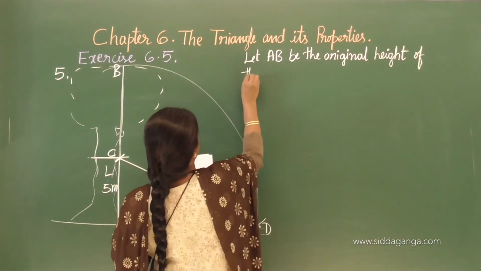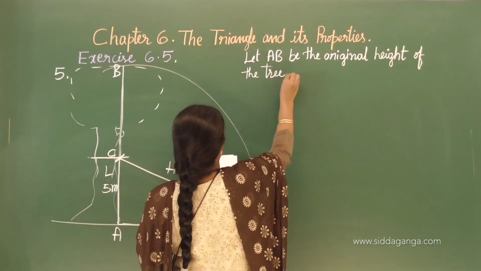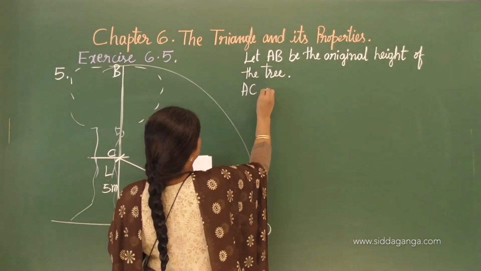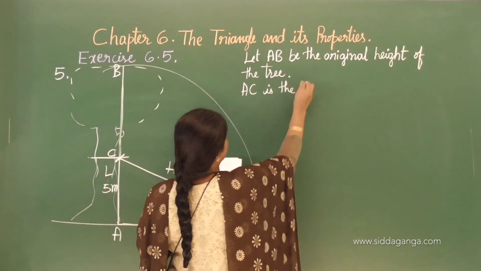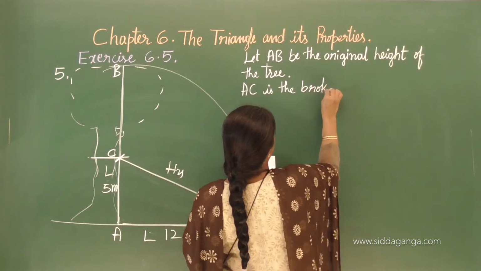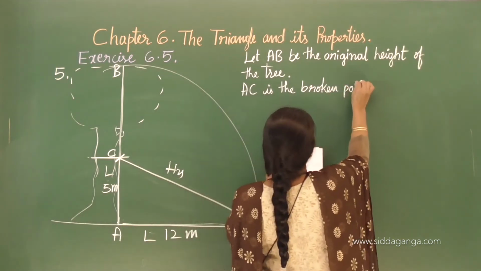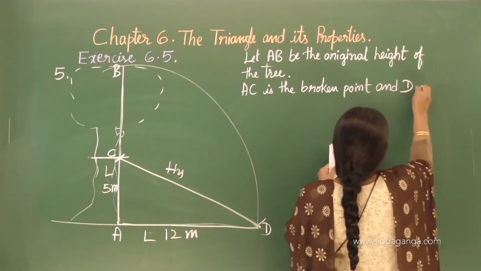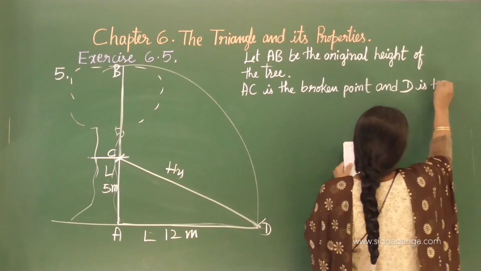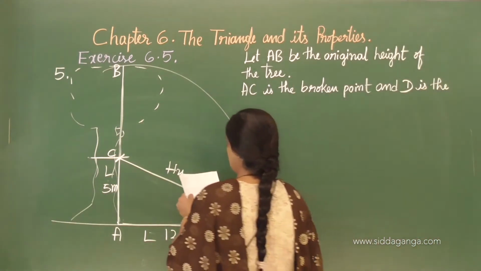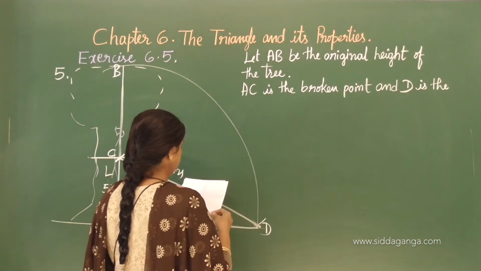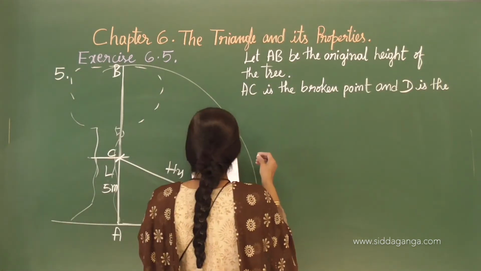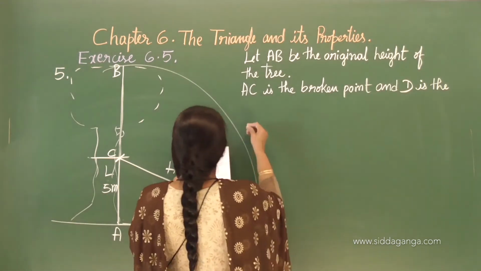Then C is the broken point, and D is the point where the top of the tree touches the ground.